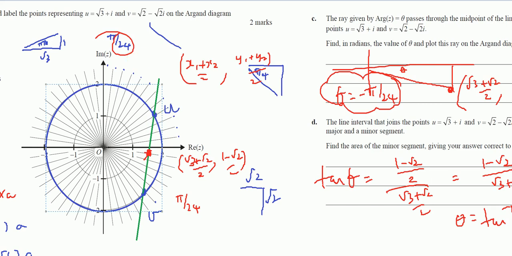And I know that this point here is pi on 6 and that point there is pi on 4 because of the work that I did earlier up here.